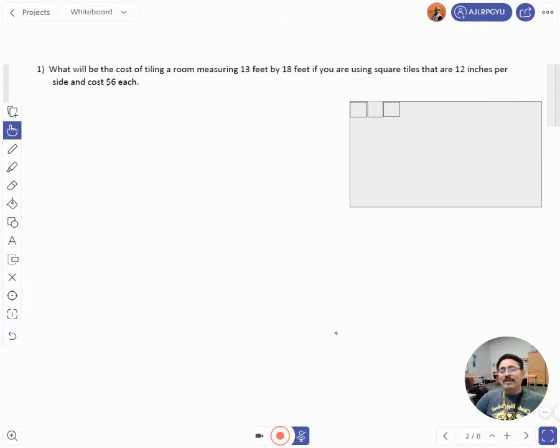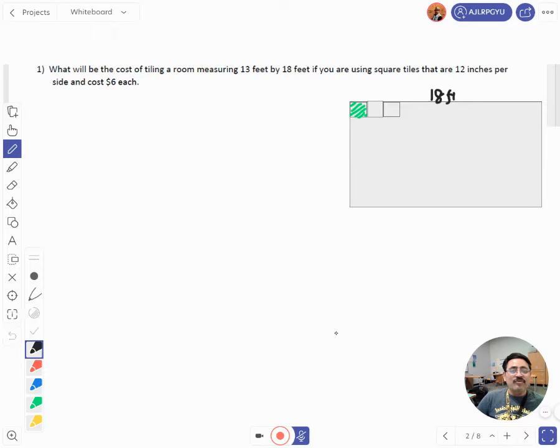Well, let me not kill the time. Let's say that these are the tiles. Here the tiles are here, and the room size is 13 feet by 18 feet. Therefore, the longer one is 18 feet, and this one is 13 feet.